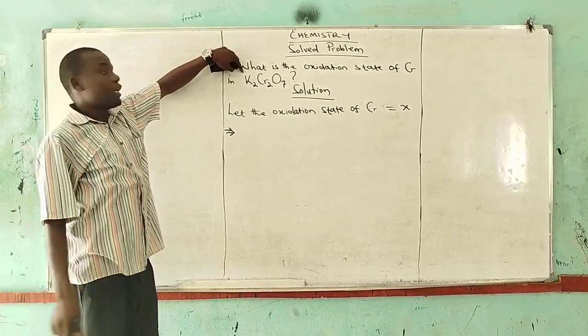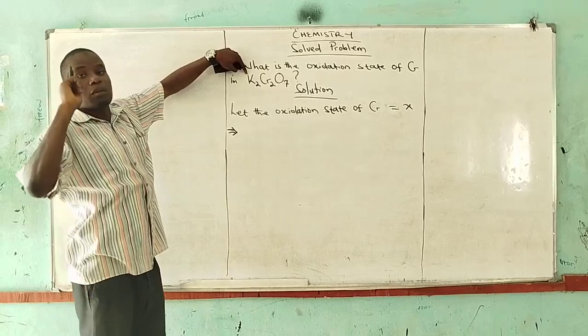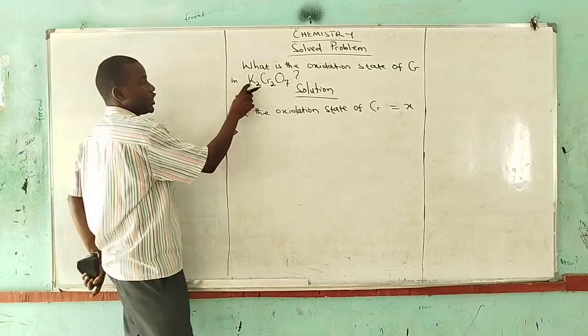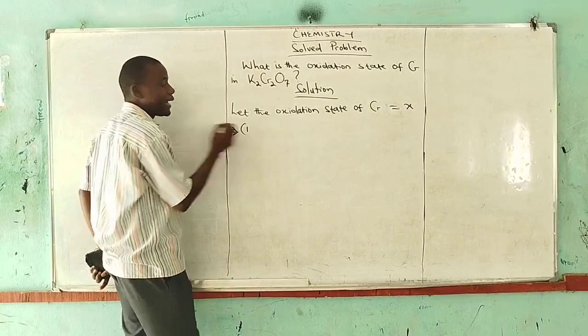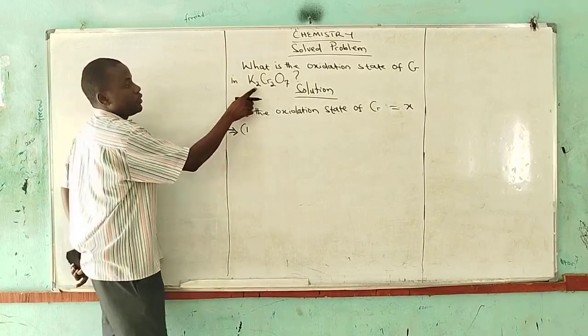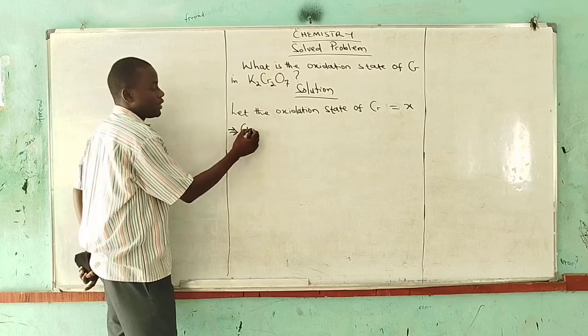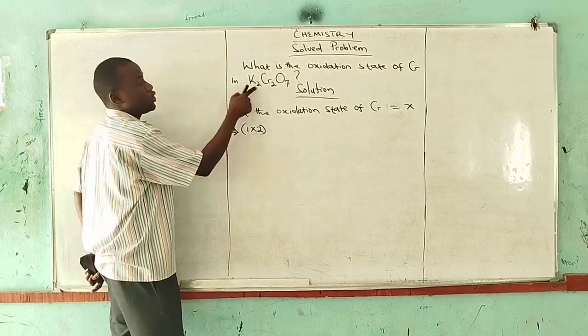Since it is in group 1, it has an oxidation number of +1. So the oxidation number of potassium is +1, multiplied by its subscript.